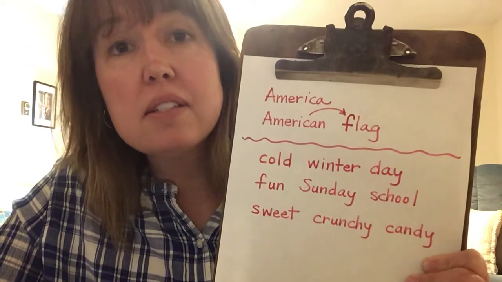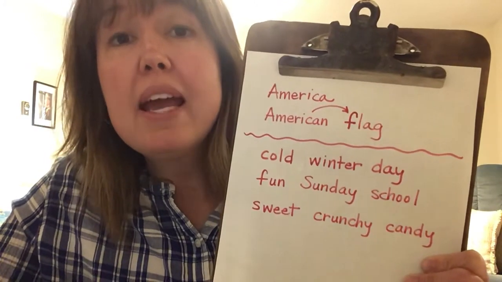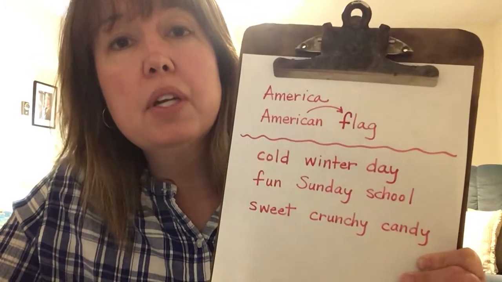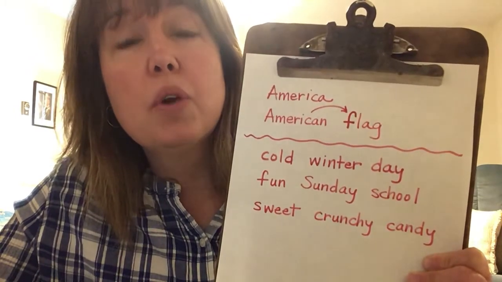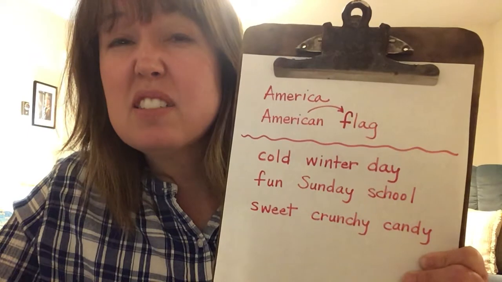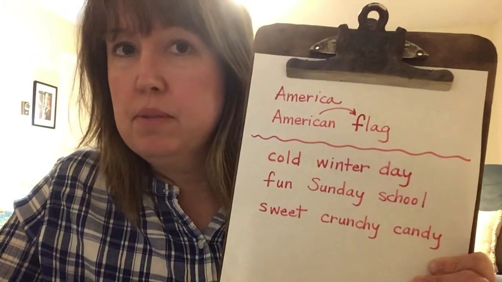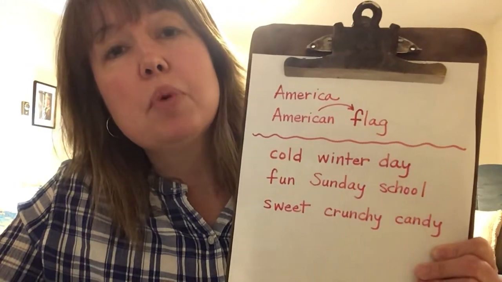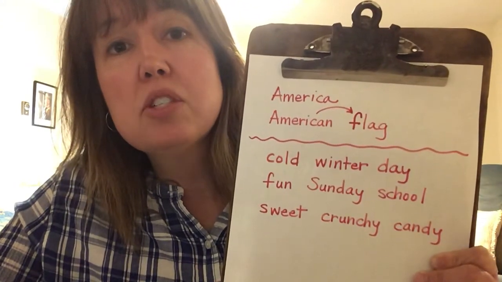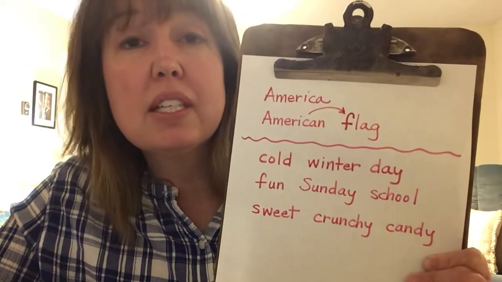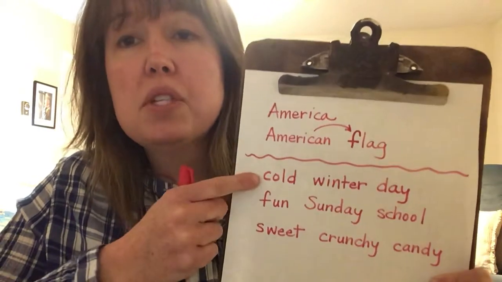The other test is if we put the word and in between the adjectives. Now, if we can put the word and between the adjectives and it sounds funny, then we should put commas. But if we put the word and in between the adjectives and it makes sense, then that means we don't really need commas. Okay, so let's do the test.